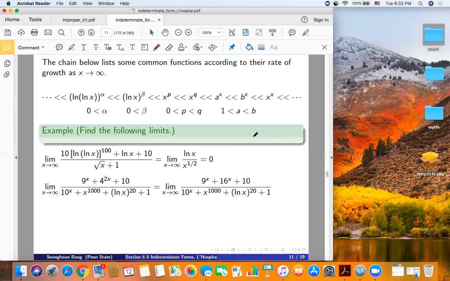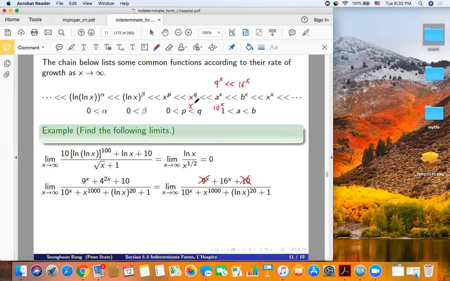But next, you have to use table. Here, what's that? 9 to the x here. The 16 to the power x is growing faster than 9 to the x. Ignore slow one, ignore constant. The 10 to the x is here. We have 10 to the x here.